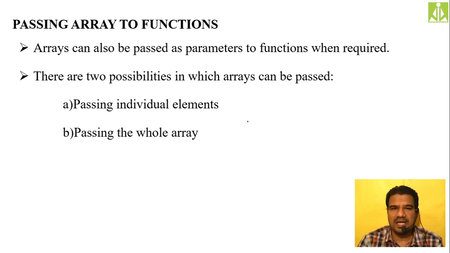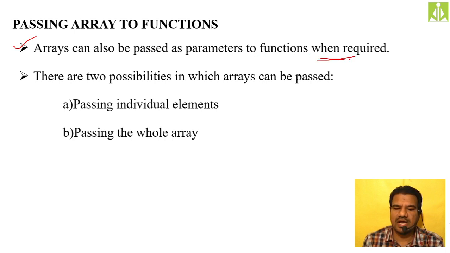So being a collection, we have two possibilities of passing the arrays to functions. Here if you read, not only the normal variables, we can also pass arrays. Arrays can also be passed as parameters to functions when required.